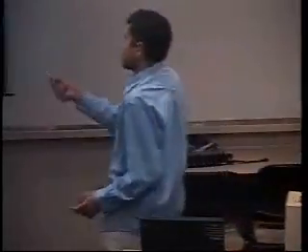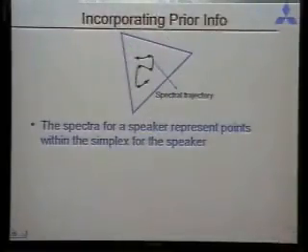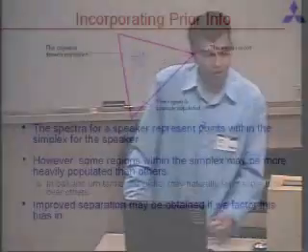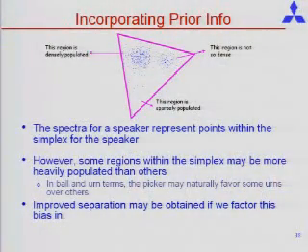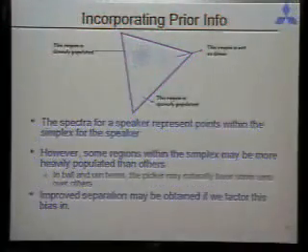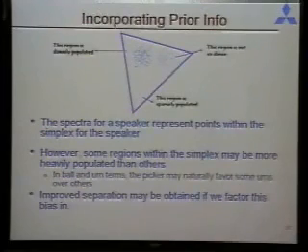What we actually have is a simplex for the speaker, and the sequence of spectra is forming a trajectory through it. Every spectrum is one point in the simplex, but the points may not be uniformly distributed across the simplex. Some regions may be more populated, others less populated, and others not populated at all.